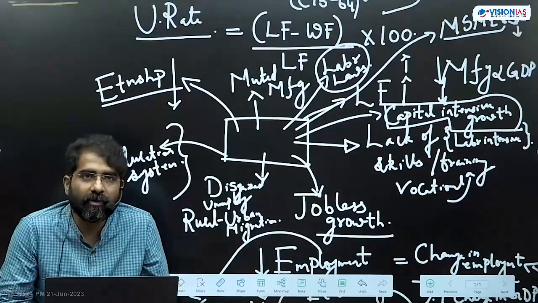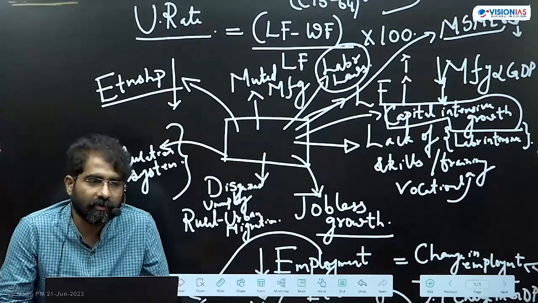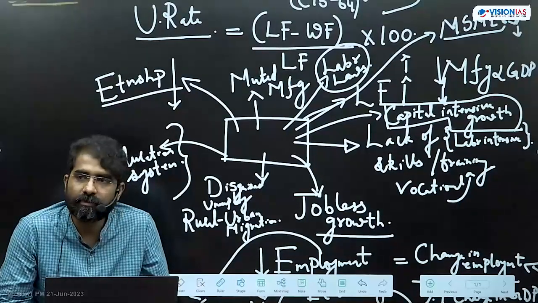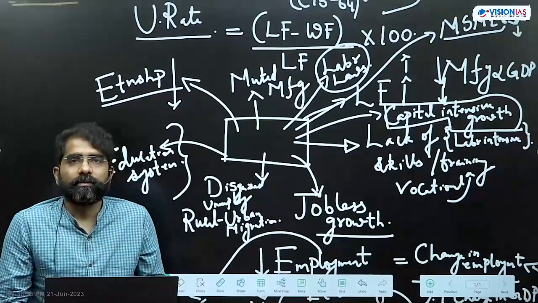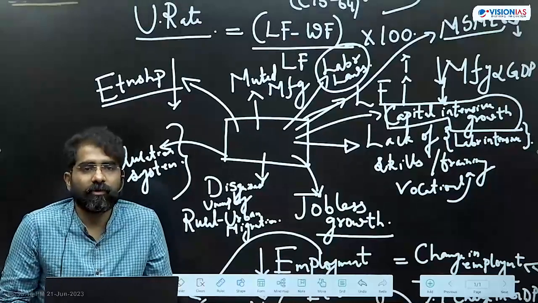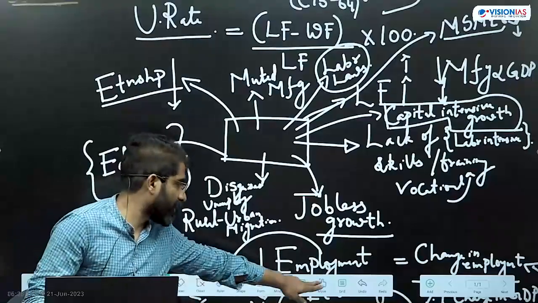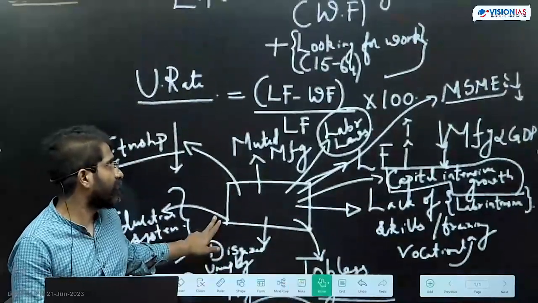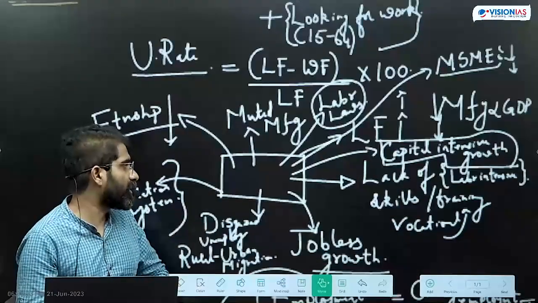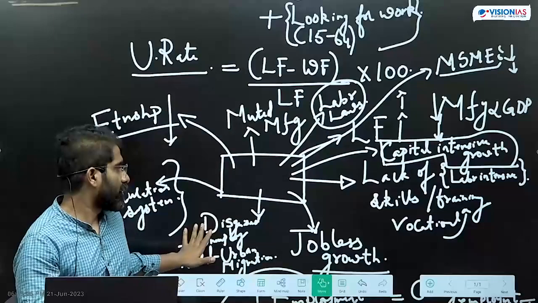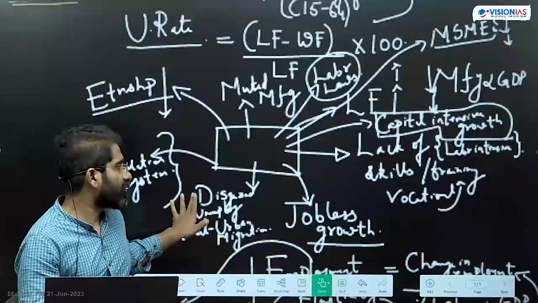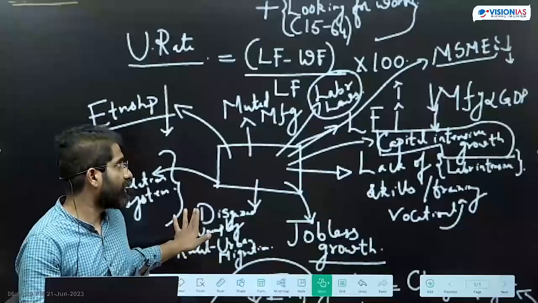Then write that formula. Unemployment rate is equal to labor force minus workforce, divided by labor force, into 100.